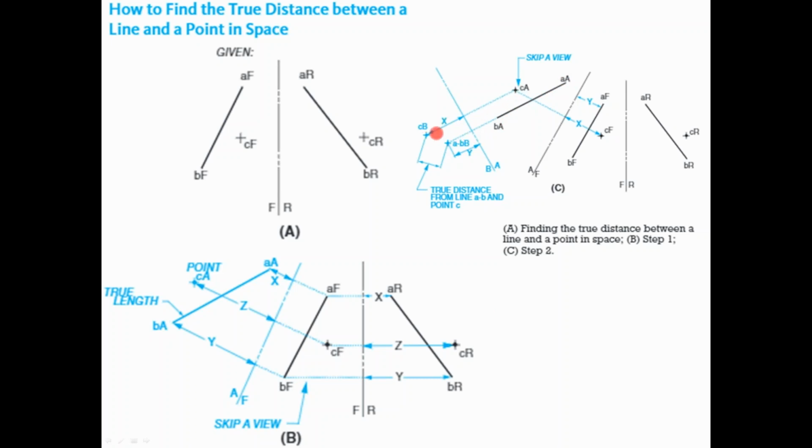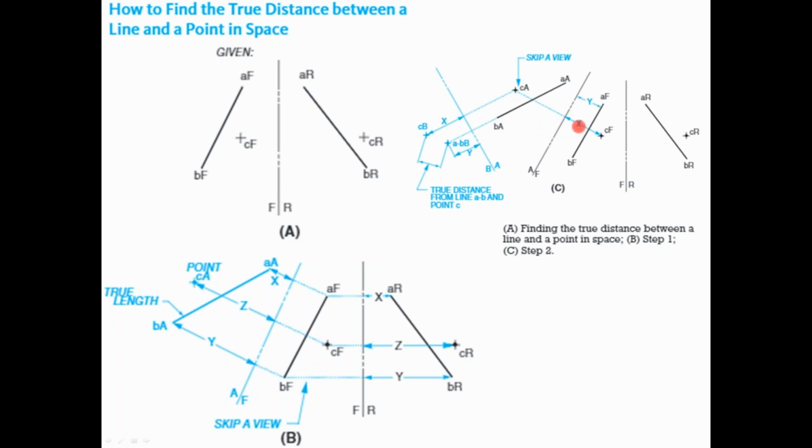This distance here will be your true distance. So this x and the y will be your true distance from points A and B. You want to find the distance between here and there, and that's how you determine that distance here.